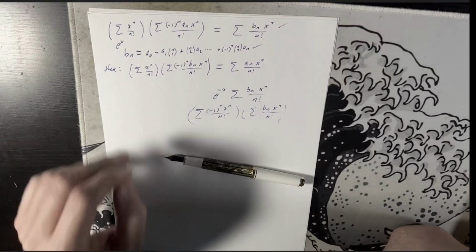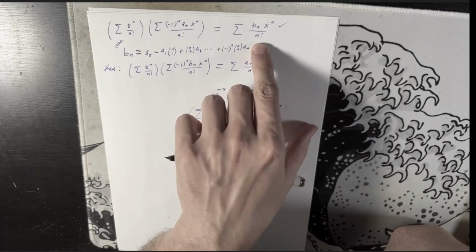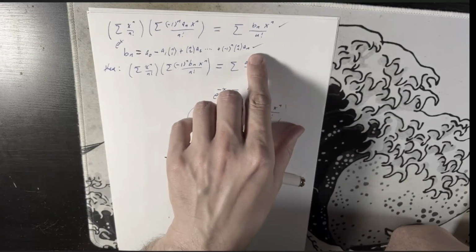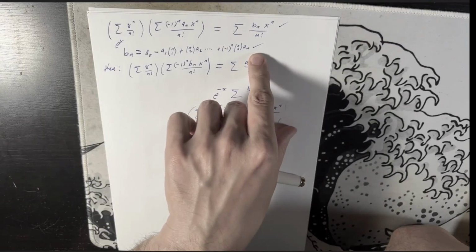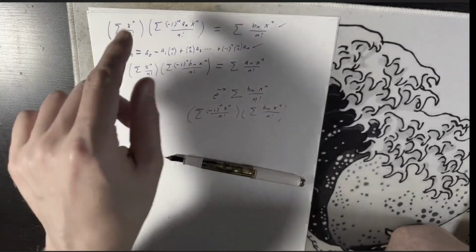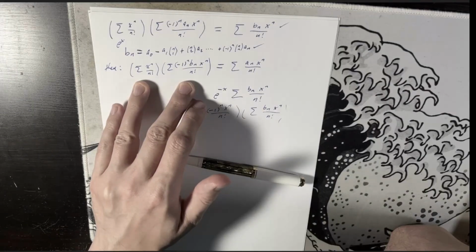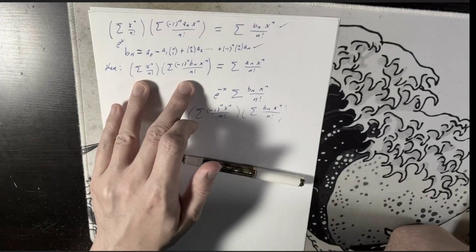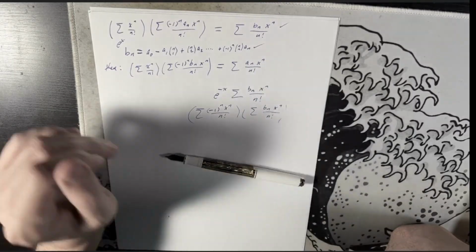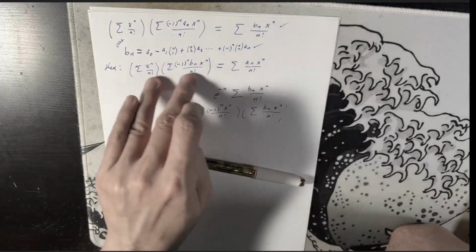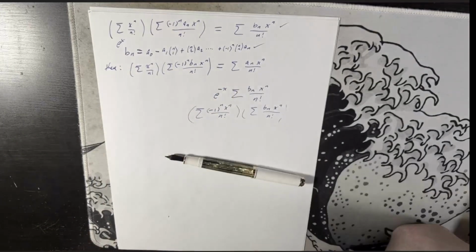So he points out that this product gives you this series, which is true by hypothesis. And then he says, well, look at this. You would get the ANs. That's obvious. What's not obvious to me is that this should equal that.